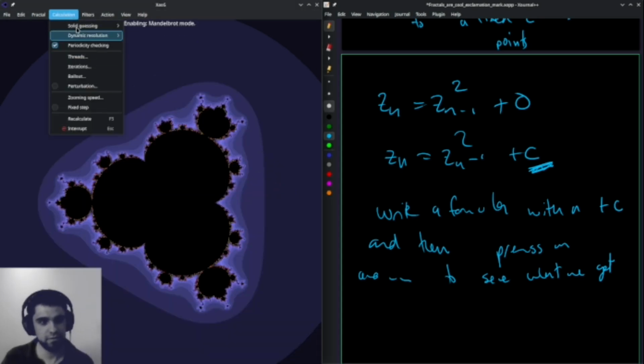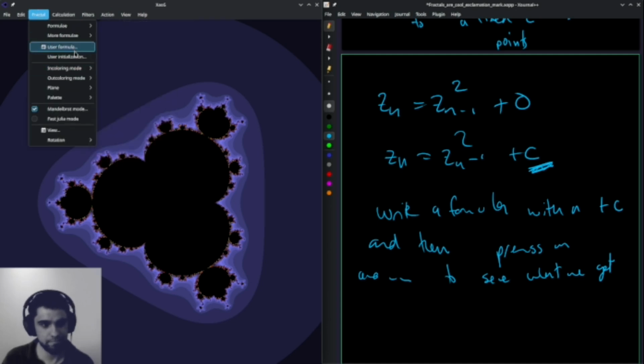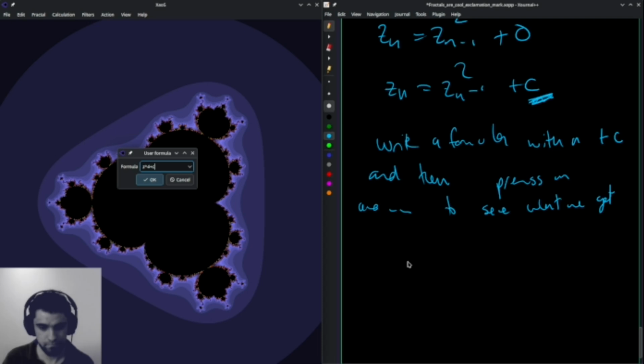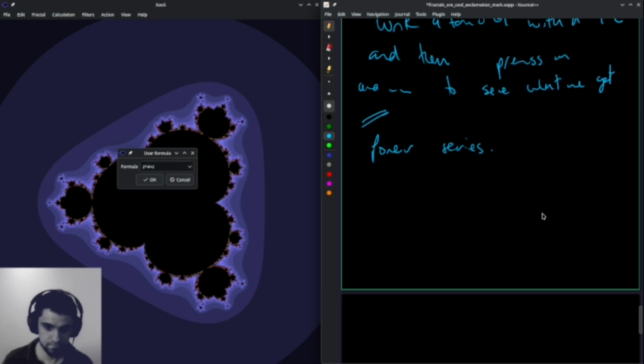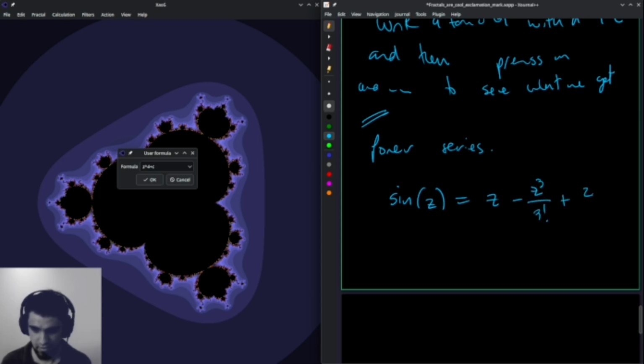The next thing we can do is use power series. So we know that, what is a power series that you like? Maybe you like sine of z, and sine of z is going to be a power series that begins with z minus z cubed over 3 factorial plus z to the 5 over 5 factorial, and so on.